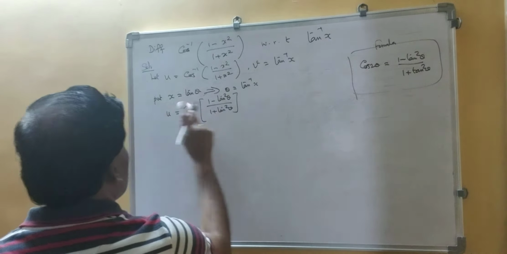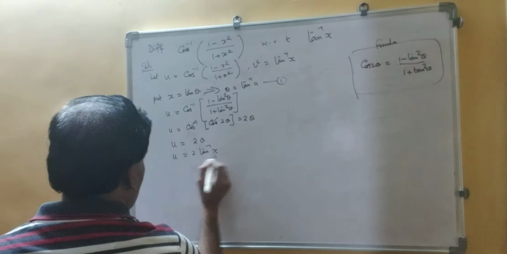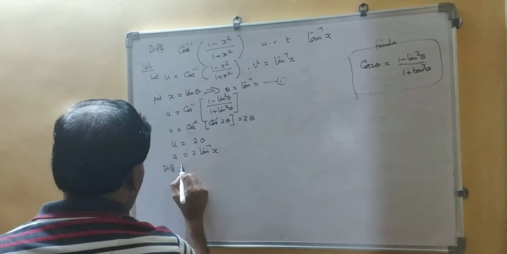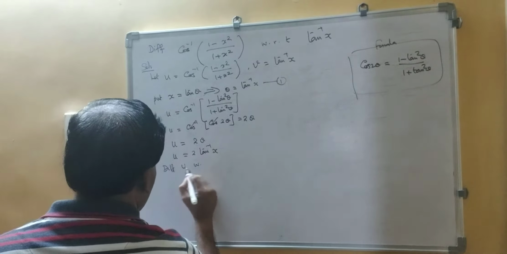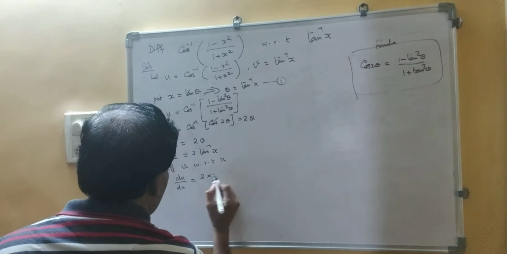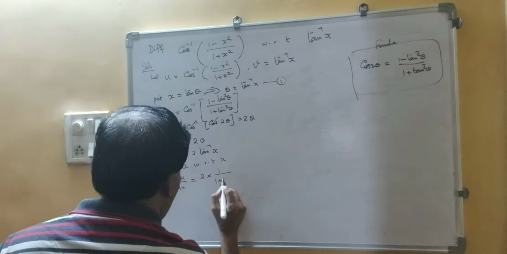So what is u? 2 theta. But what is theta here? Tan inverse x. Differentiating u with respect to x, du by dx equal to 2 into, what is the derivative of tan inverse x? 1 upon 1 plus x square.